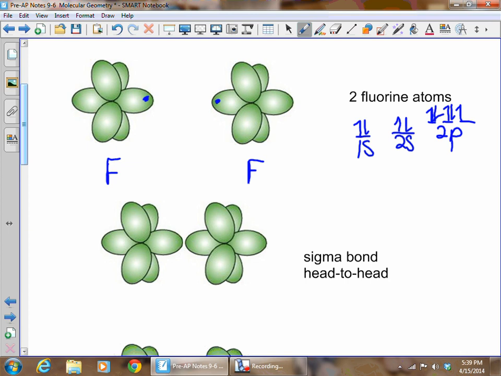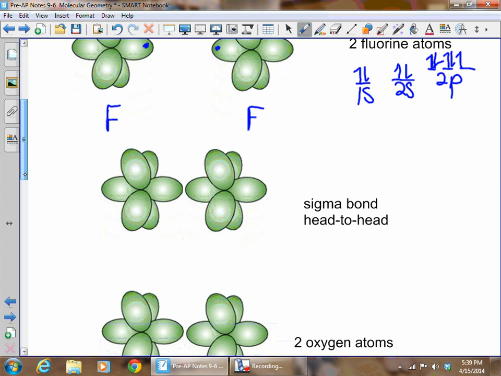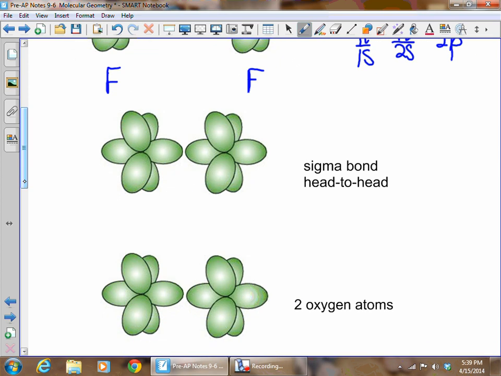As these 2 fluorine atoms approach each other, the very first orbitals that are going to come in contact are going to come in contact just physically. Imagine these being balloons. They're going to come in contact head to head. When they do, we start that bonding process, and the electrons start being shared between those 2 fluorine atoms, forming this head-to-head type of bond.